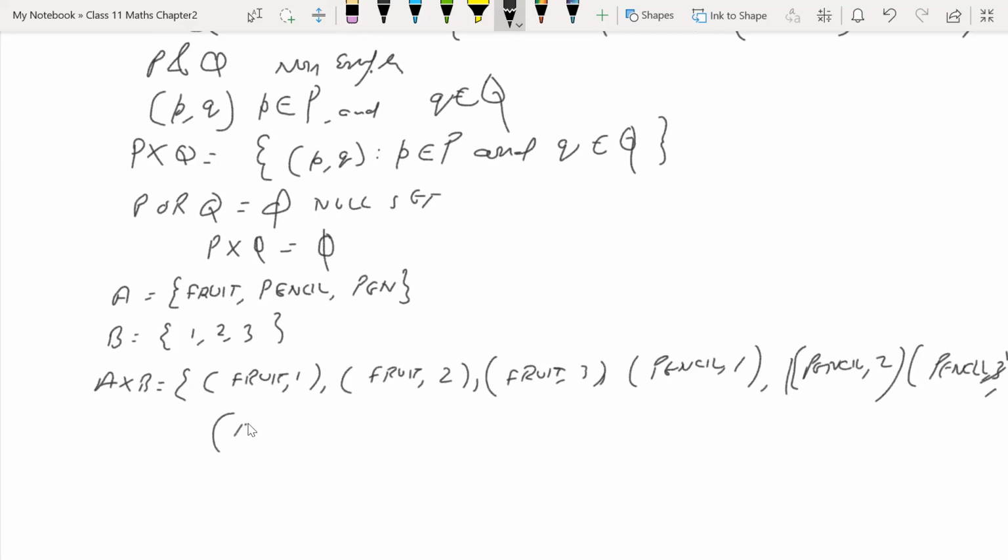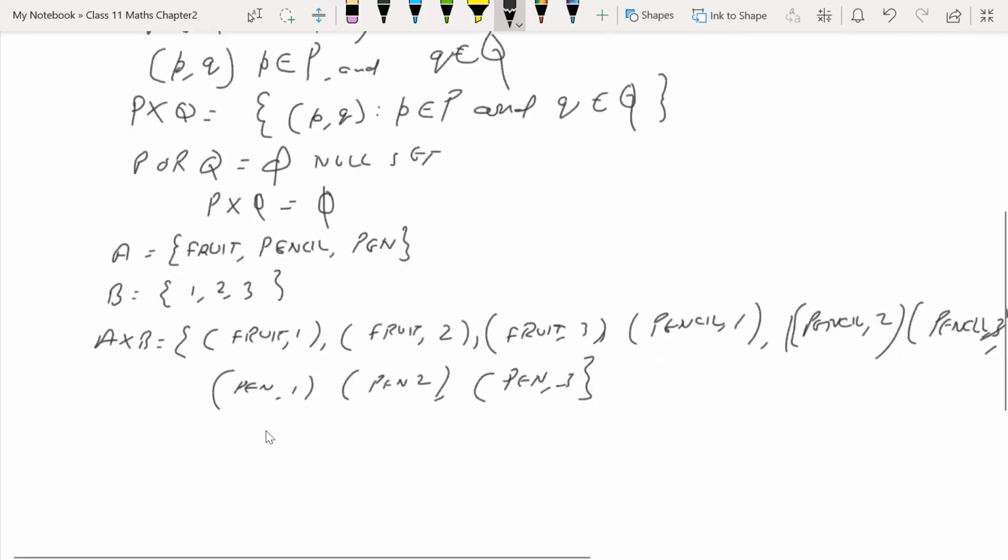Then pen 1, pen 2, pen 3. There are 9 such pairs in the Cartesian product. Because there are 3 elements in A and 3 elements in B, there are 9 possible codes.